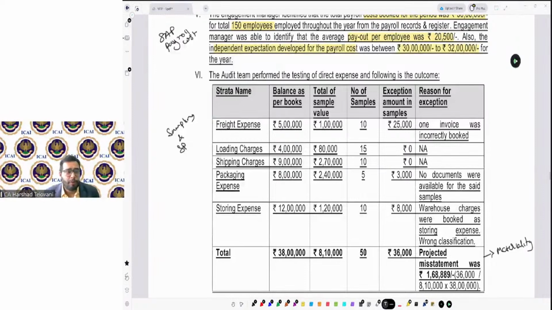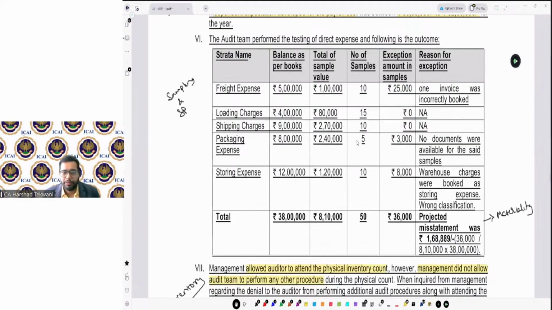They have projected the misstatement and came up with the answer of 168,889. Do you think this is correct?